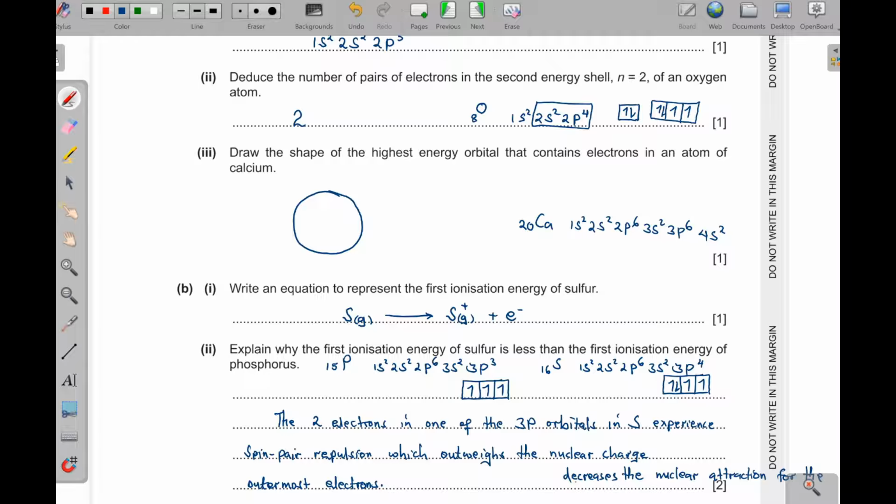I'm trying to reorganize this such that we make a good statement here.